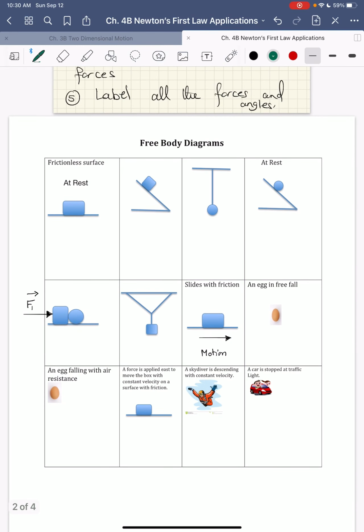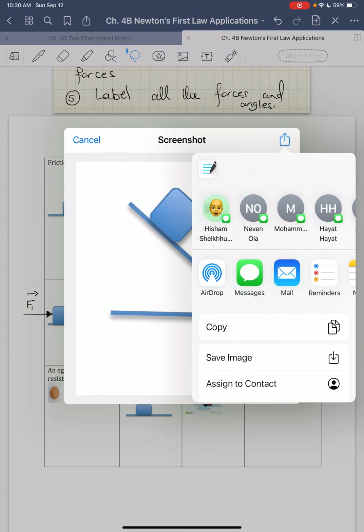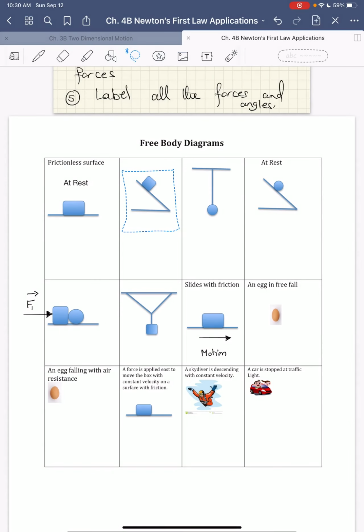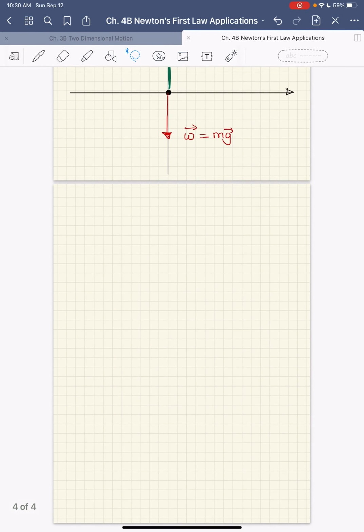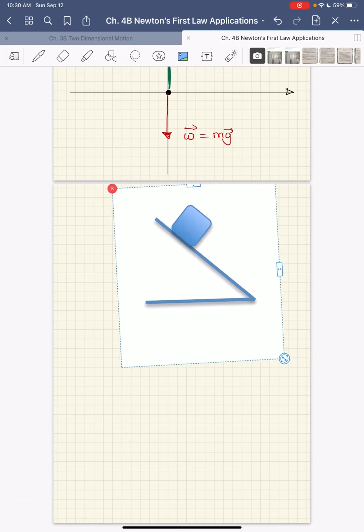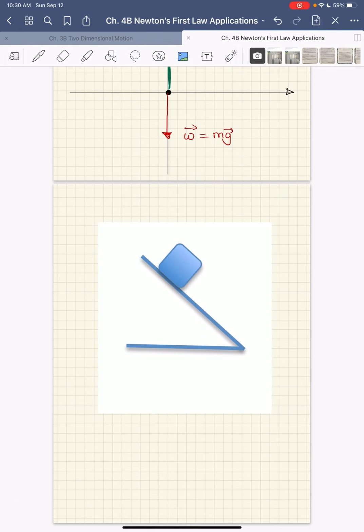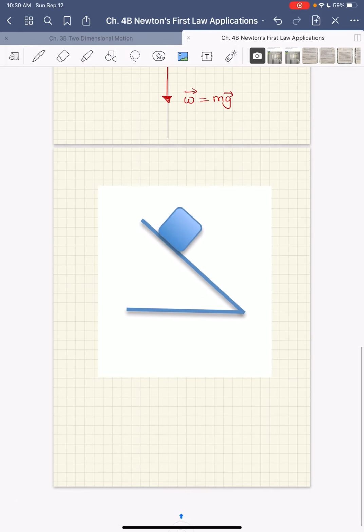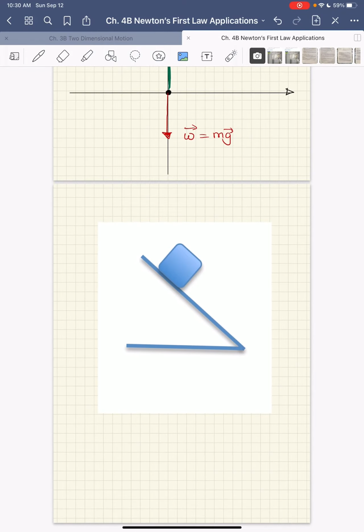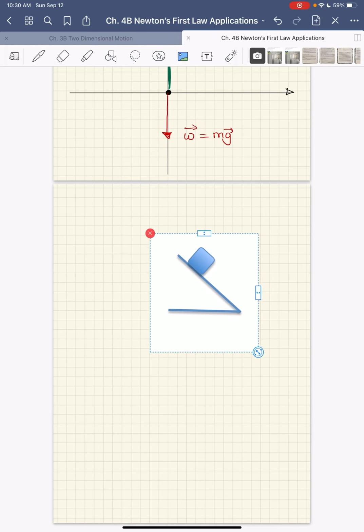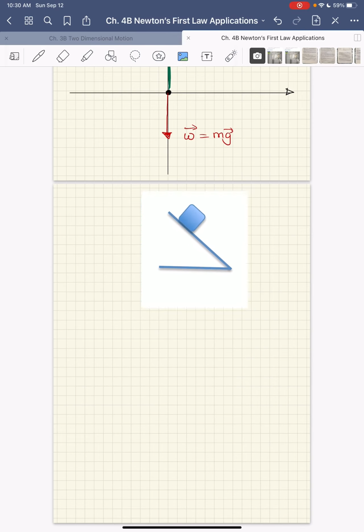Alrighty, I want to maybe also talk about this object. Okay, this object is going to be, again, let me make it smaller so that I will have enough space.